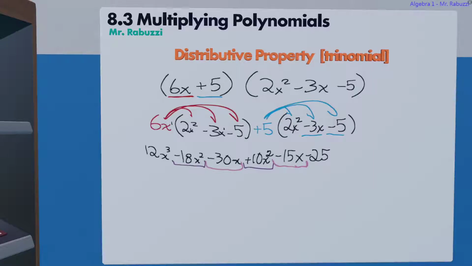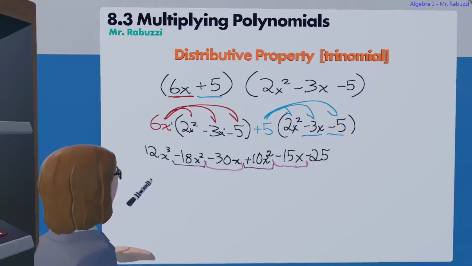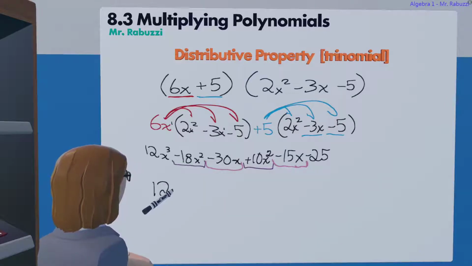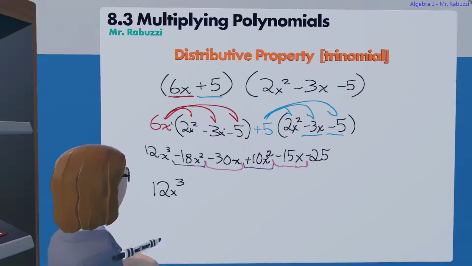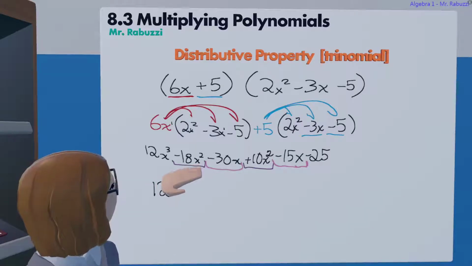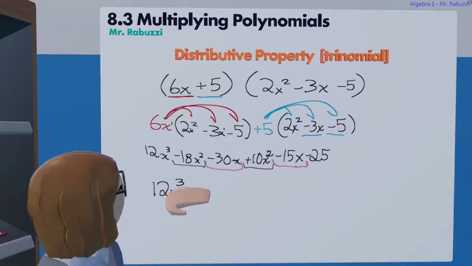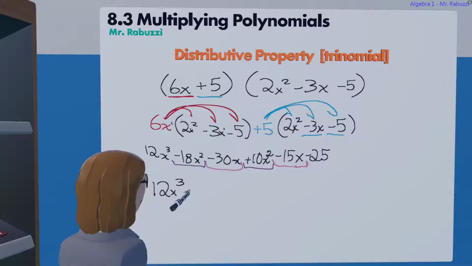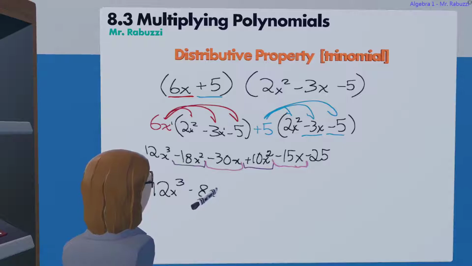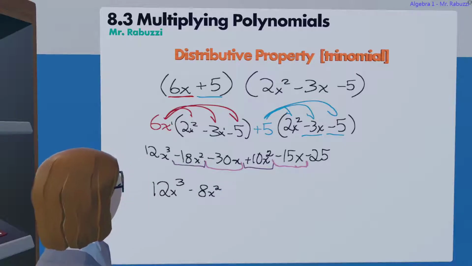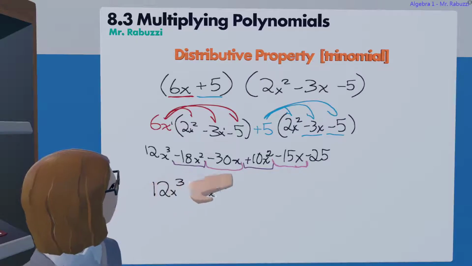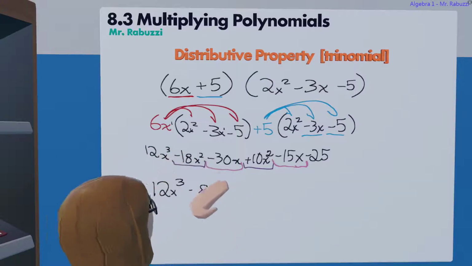So let's go through. Start with our biggest exponent. The x cubed, nothing changed, right? We did not combine it, so we'll just write it down here. 12x cubed. Now our x squared and our x squared. We have negative 18 plus 10. Well, that's going to be negative 8 x squareds. Okay, that's combining the purple and the purple. Now we look at our x.